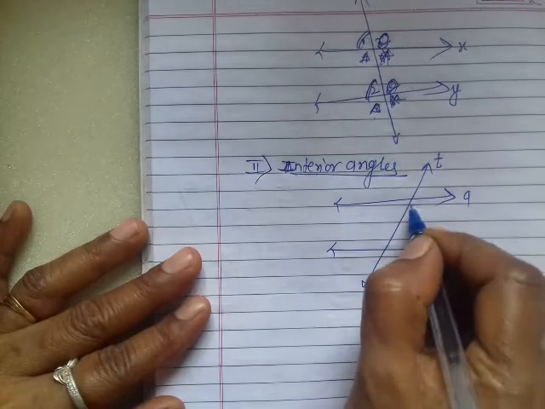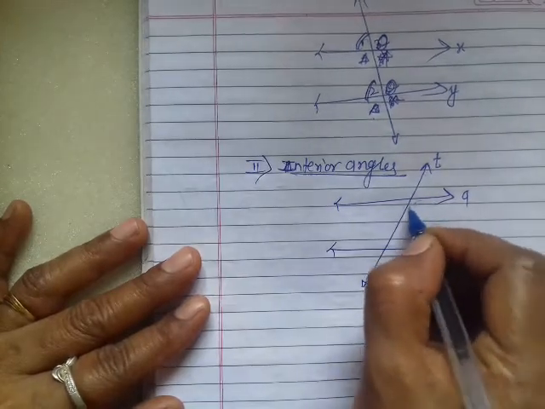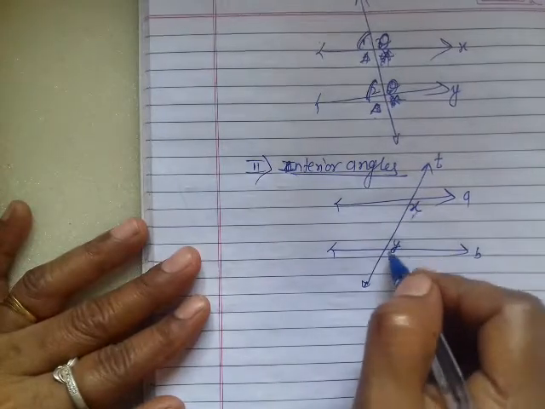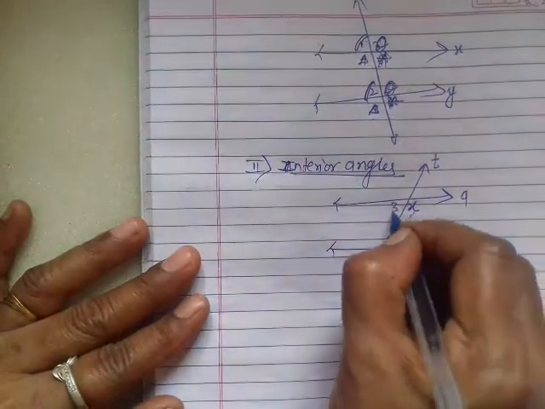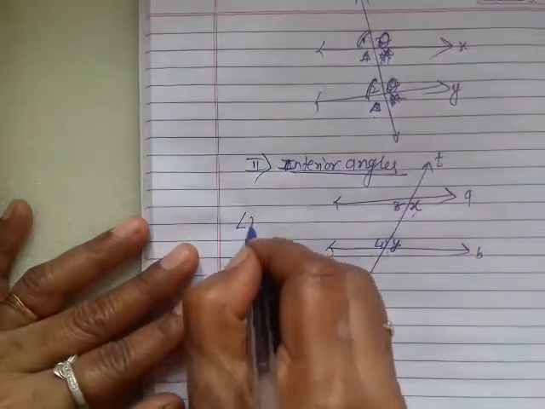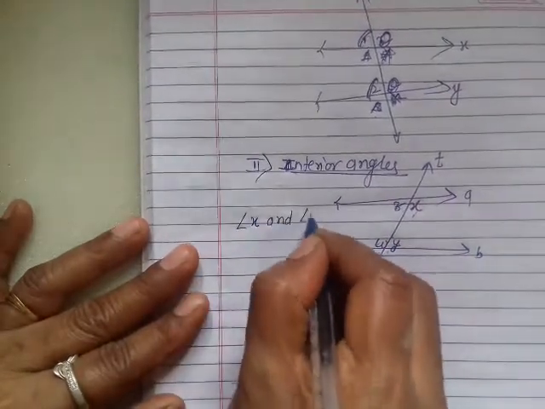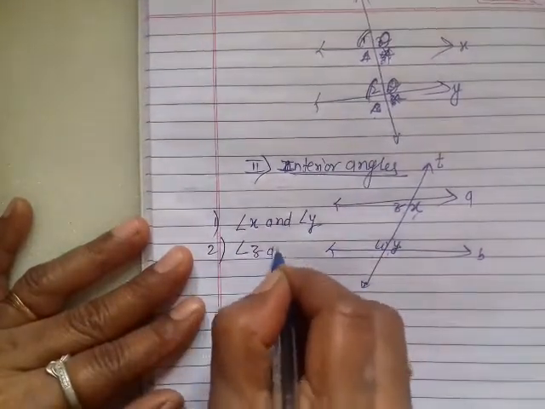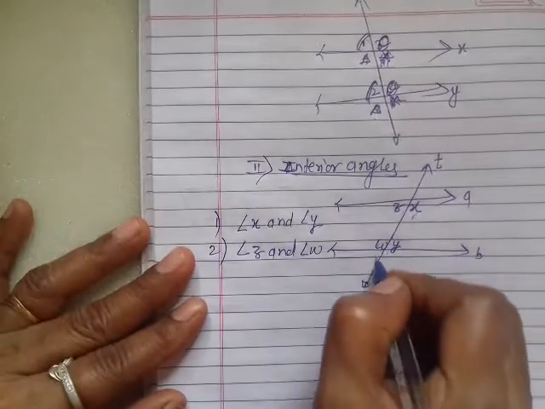Interior means inside. Suppose this is X, this is Y. X and Y are a pair of interior angles. Z and W are a pair of interior angles. Means angle X and angle Y, one pair, and angle Z and angle W, another pair.